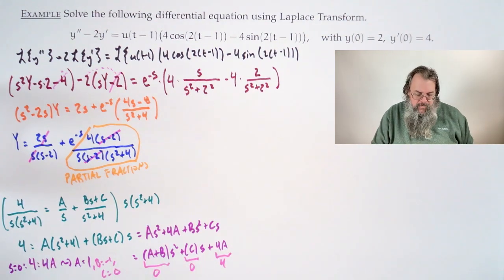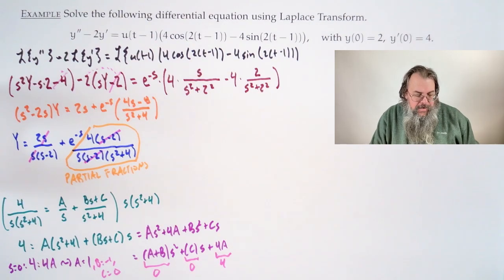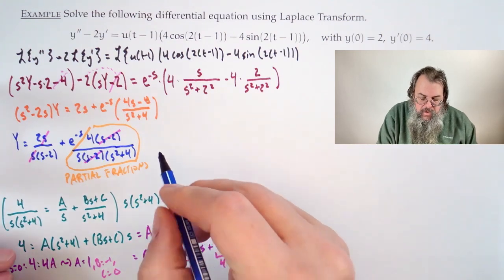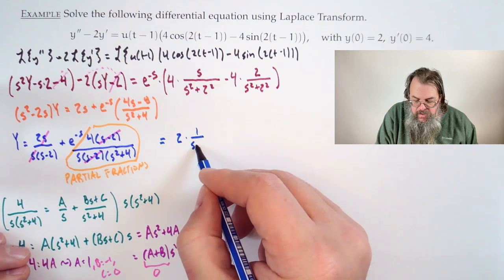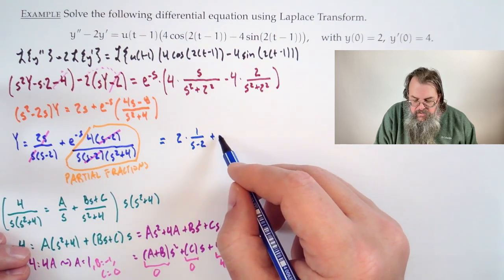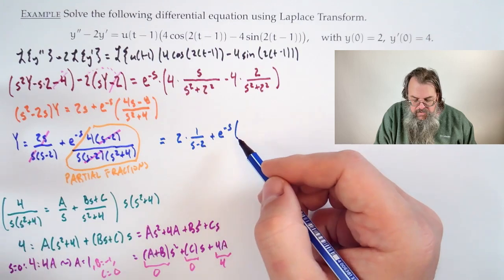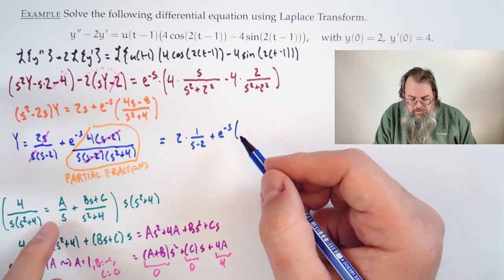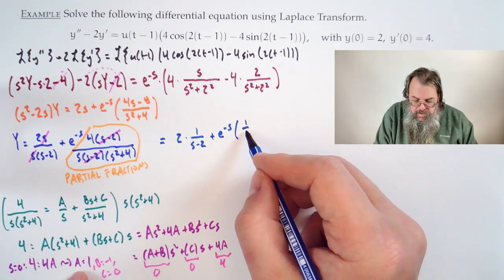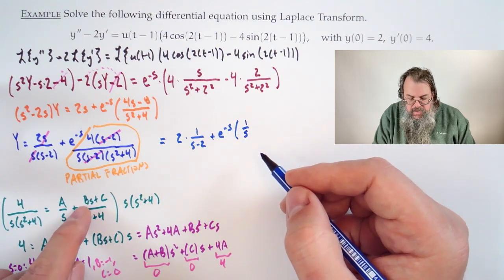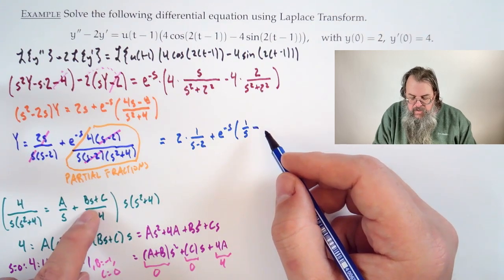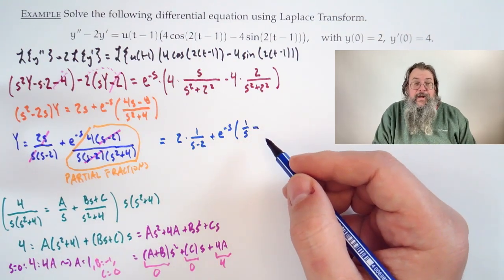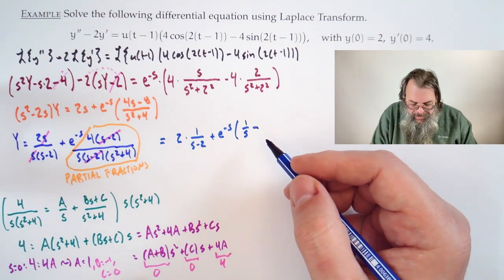All right. So, good. Let's update our capital Y. So we have that this is equal to 2 times 1 over s minus 2, plus e to the minus s times, we have our A over s, which is 1 over s, then our Bs plus C. Well, that's a minus, and here, don't forget, this is a place where a lot of people have made mistakes before.